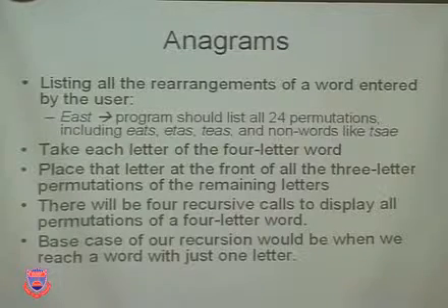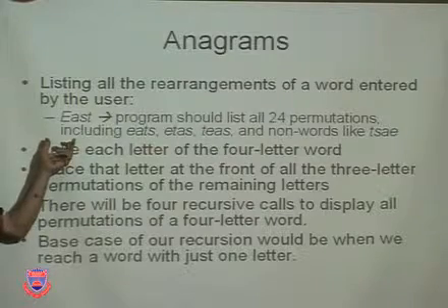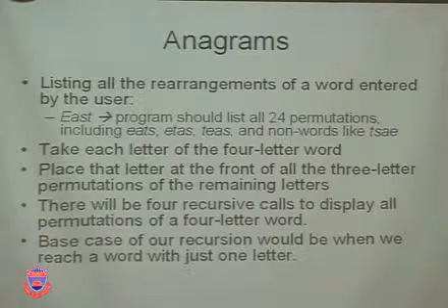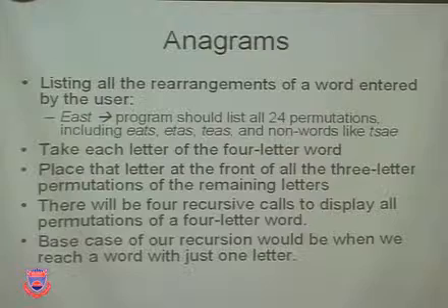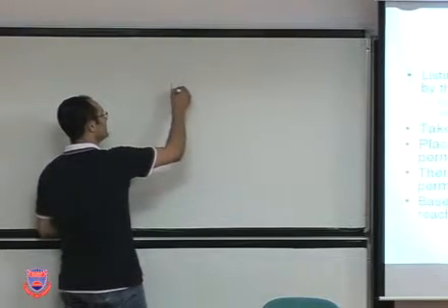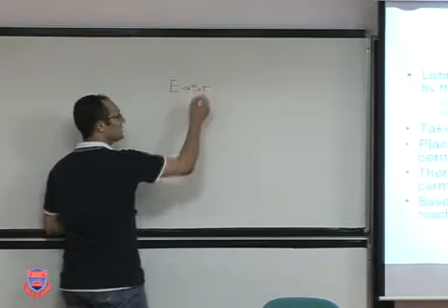If you consider the algorithm to write, for a given string or a word, you're asked to write all the different combinations that you can generate using the letters. For example, if you have the word east, how many different permutations will you have?